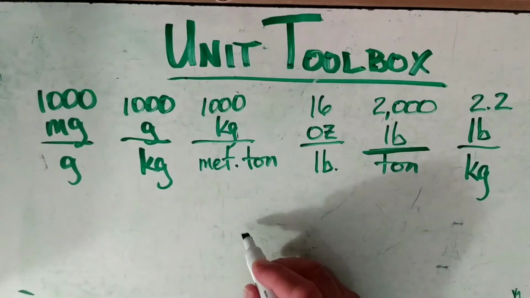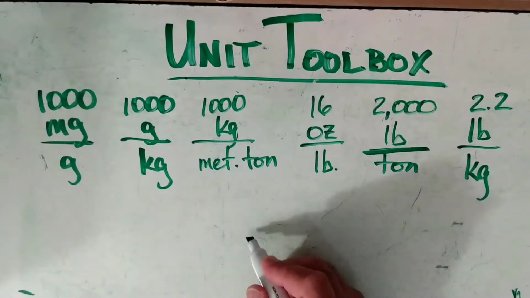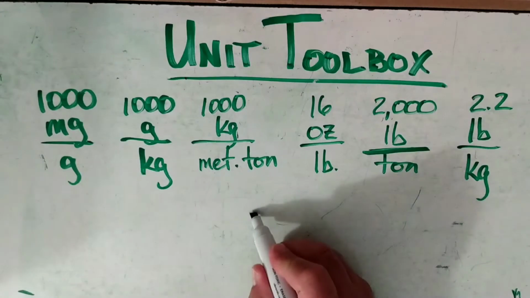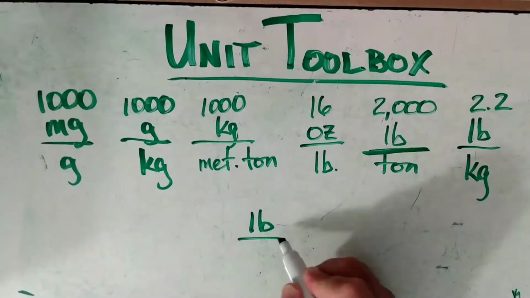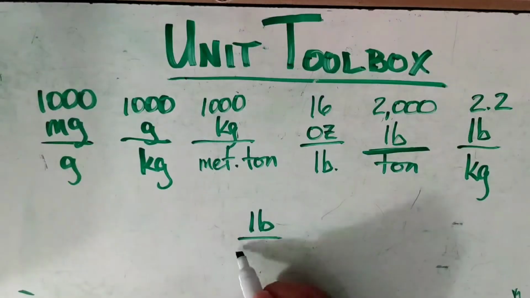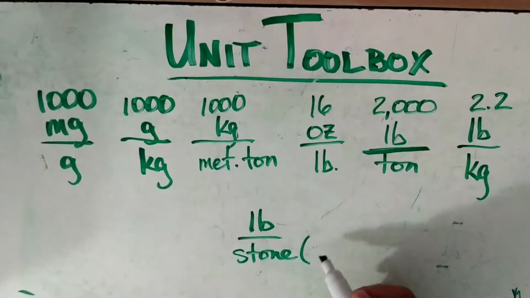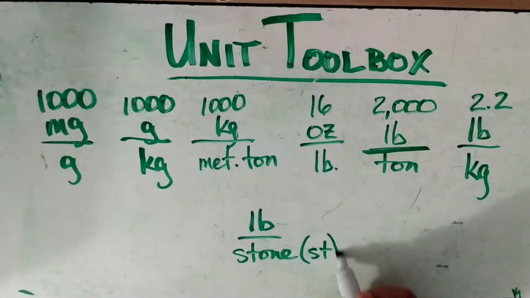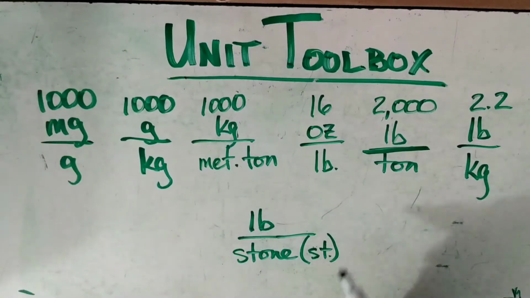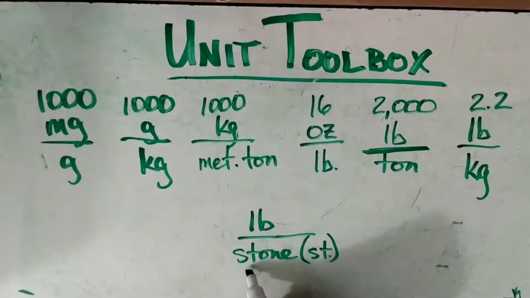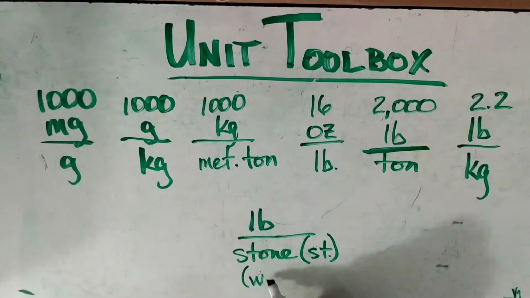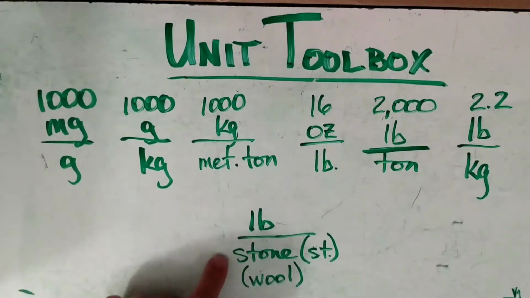And now you're going to do one more over here on the side. I'm going to put it down below just because I've run out of space here. And we're going to do what's known as a pound to stone. And this one's a really weird one, I realize. Okay, we typically don't use this, but it is still used today for wool. And so when they measure wool, they actually use a stone.